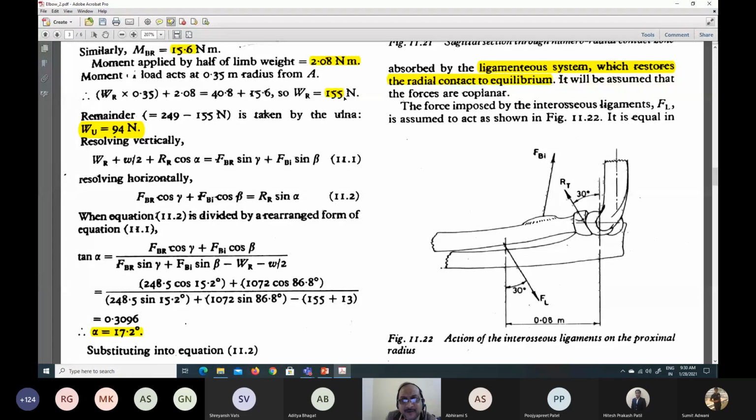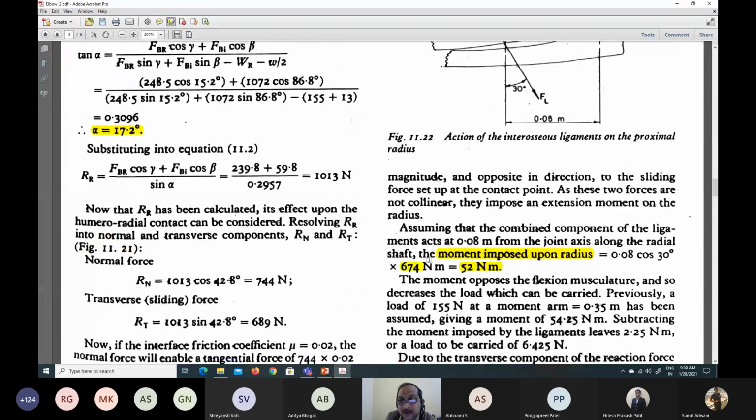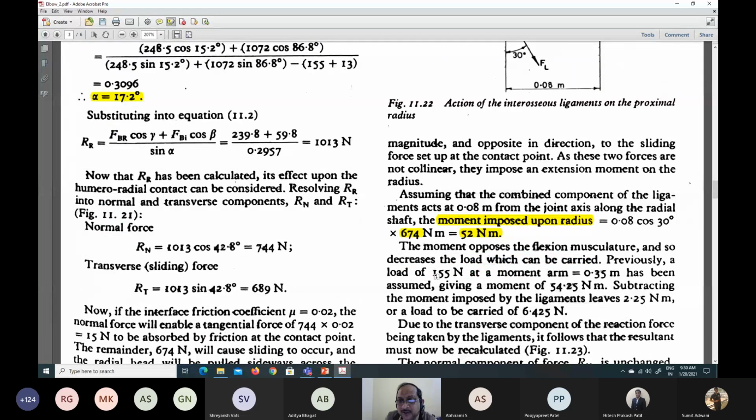It is 155 Newton. You can see here highlighted, WR is equal to 155 Newton. So previously a load of 155 Newton at a moment arm of 0.35 was being carried, giving rise to a moment of 54.25 Newton meters.